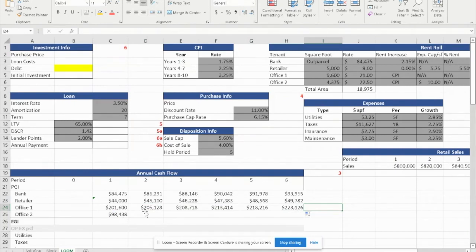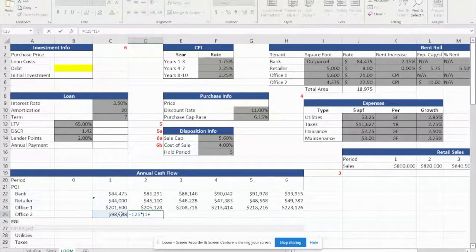We're going to do the same thing for Office 2. It's also growing at CPI, as you can see here, with the same CPI growth rate. So we're going to say equal to the previous year times, open paren, 1 plus IF this year, number 2, is greater than or equal to 4, then increase by this amount.